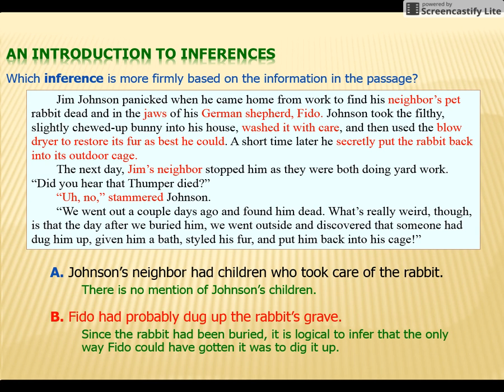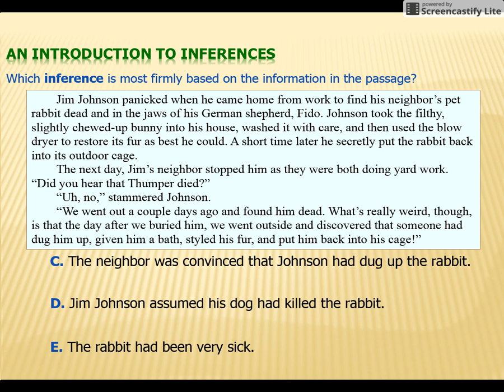All right, so that is a clue indicating that, you know what, Fido probably dug up the rabbit's grave. All right, and what's highlighted are clues that help bring out that inference. So again, what's highlighted in red are the clues that help direct the inference. Okay, look at the following choices here.